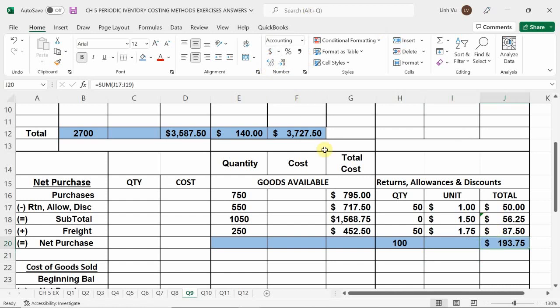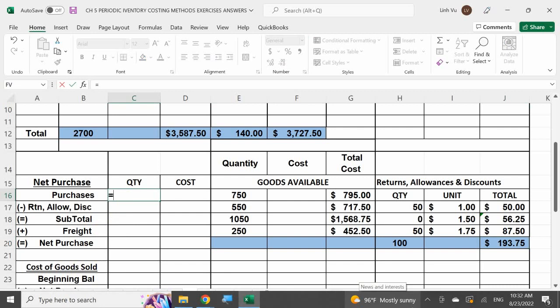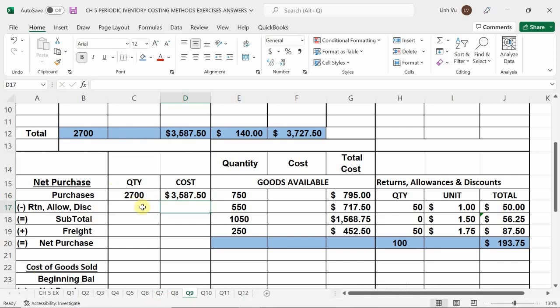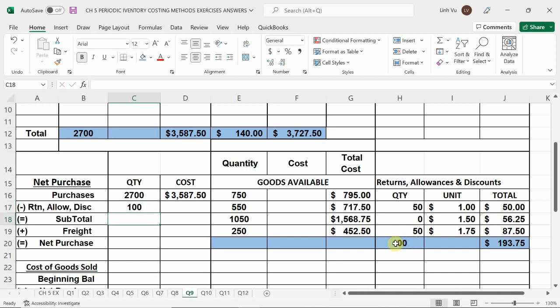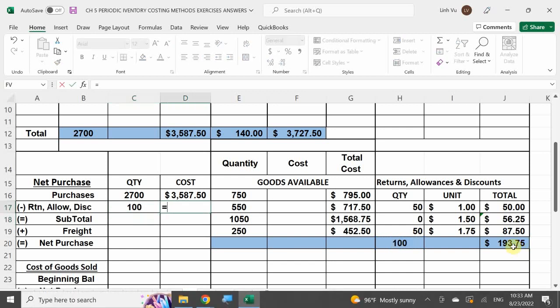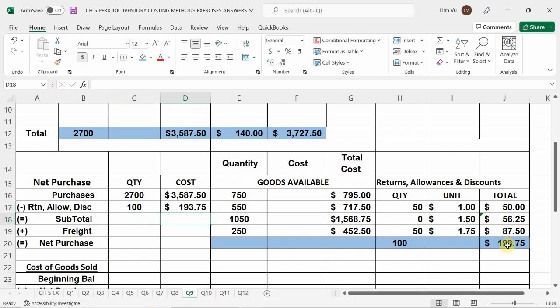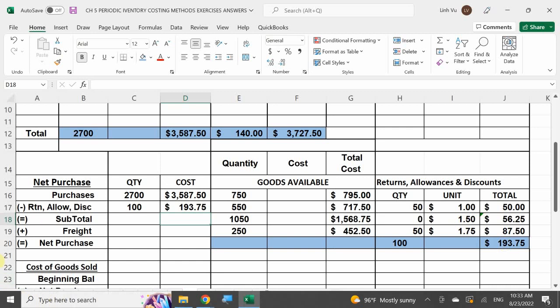So now that I solved for those two, I'll show you what happens when we get our goods available. Okay. So in this case, let's plug in our numbers for our net purchases. So we purchased a total of 2,700 units at $3,587.50. We end up returning 100 units at a total refund of $193.75.